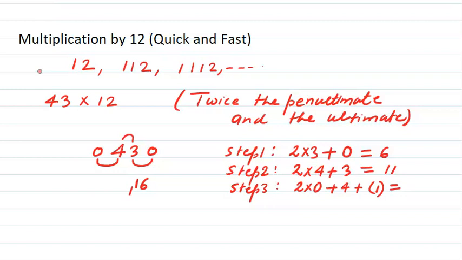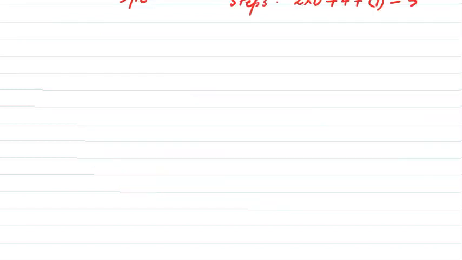So 2 into 0 is 0, plus 4 is 4, and plus 1 is equal to 5. So here we write 5. So the product of these two numbers is equal to 516. Let us take more examples to understand that.